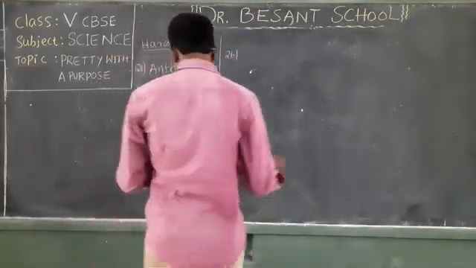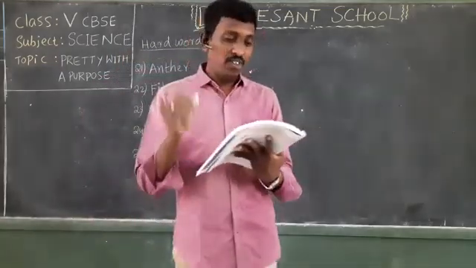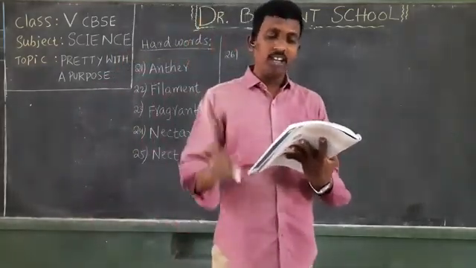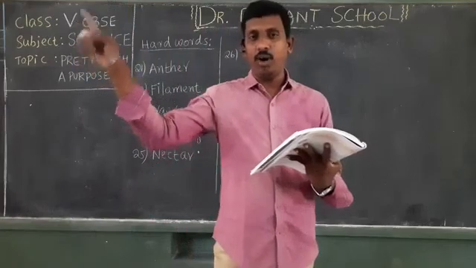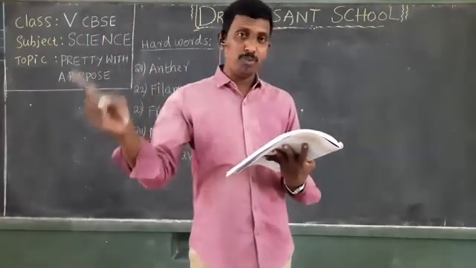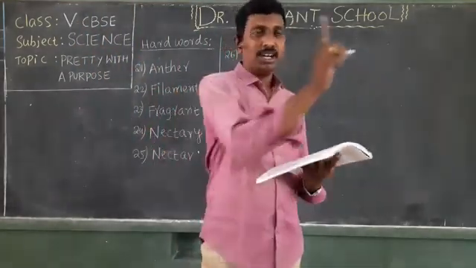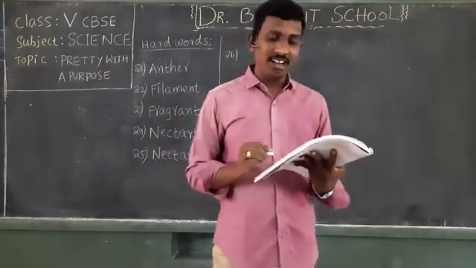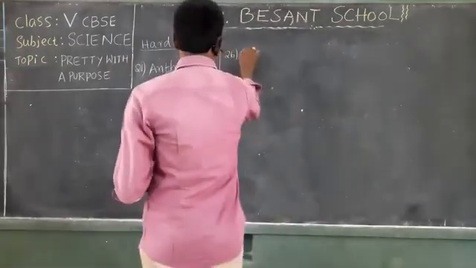Next comes, for the seeds to form into a plant, the pollen in a flower has to reach the ovary. The transfer of pollen from the stamen to the carpel is called pollination.